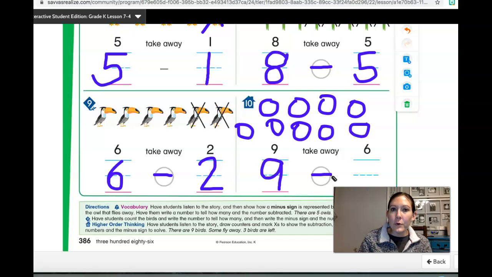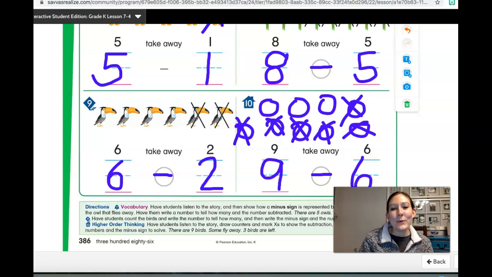How many birds flew away? 6. 1, 2, 3, 4, 5, 6. Number 6 right there. Good job. We just showed 9 minus 6.